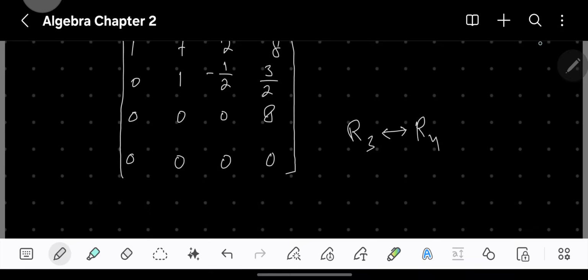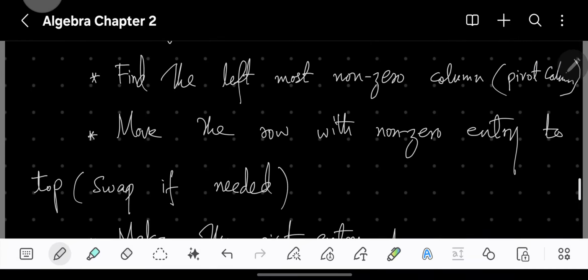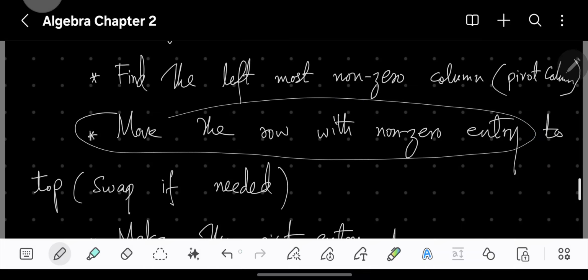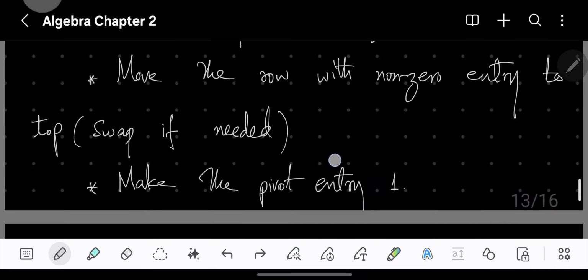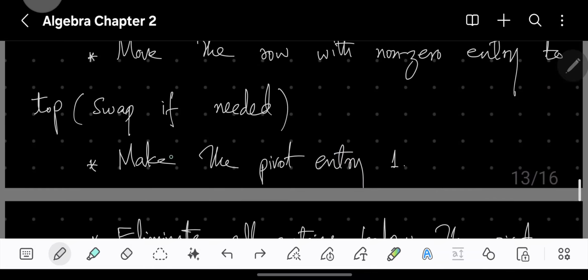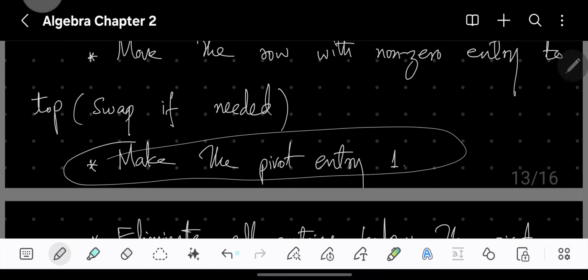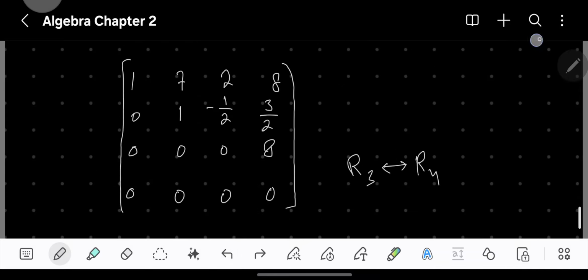Now what's the next procedure? We have done with this, move the row with non-zero entry to the top. Now we have to make the pivot entry 1.